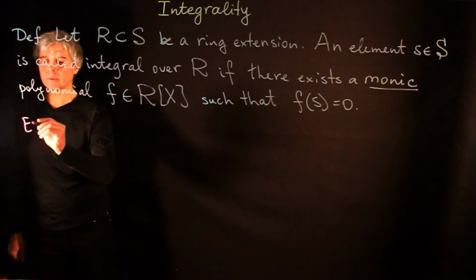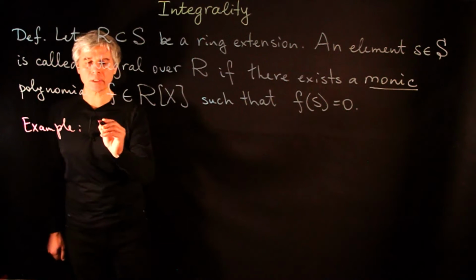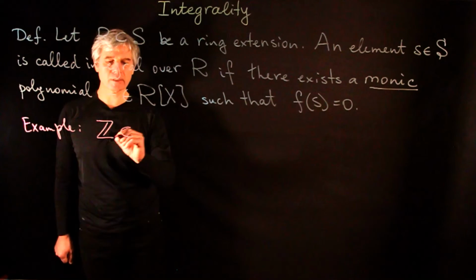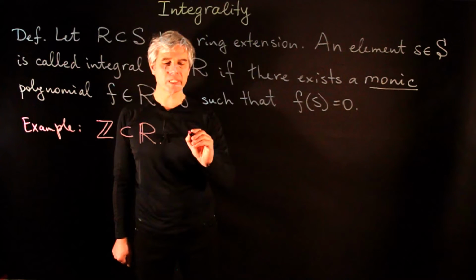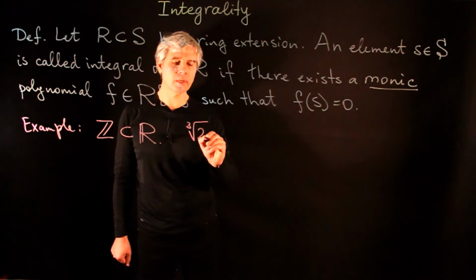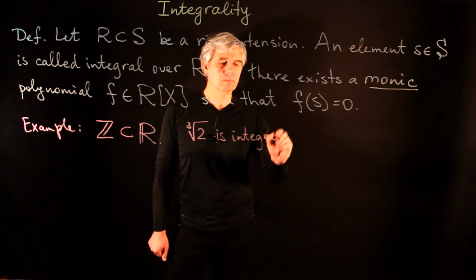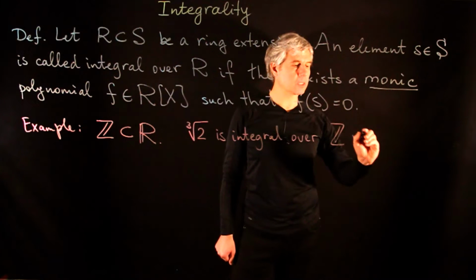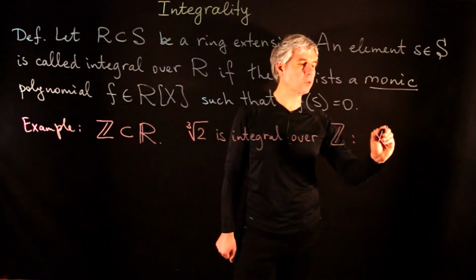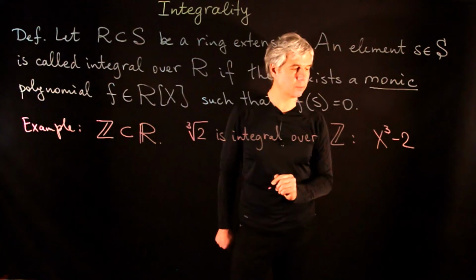As an example, let's consider the ring extension of integers, and let's go from integers to real numbers. Here we see that cube root of 2 is integral over Z, because we have a monic polynomial x cubed minus 2 for which this is a root.